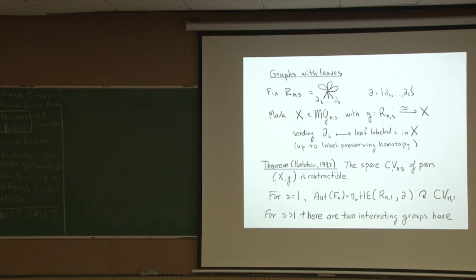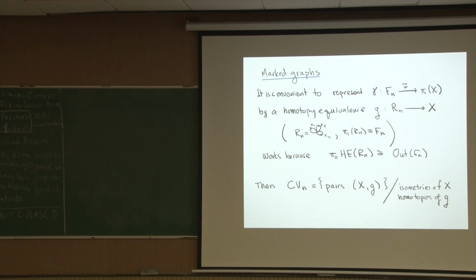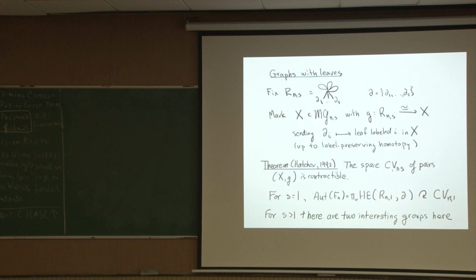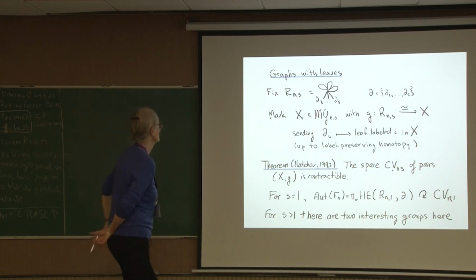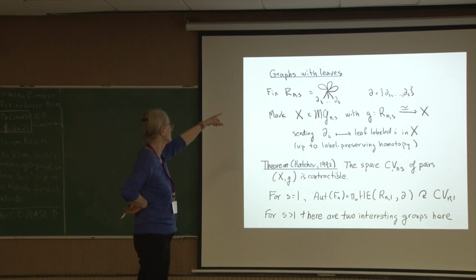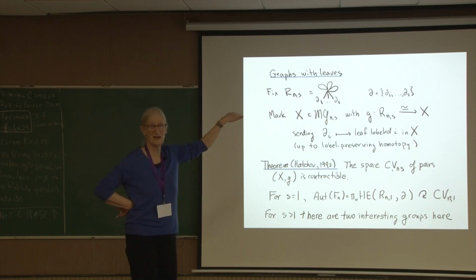This description in terms of markings g is convenient when you want to add leaves to your graphs. In that case, instead of a rose for our fundamental object, we pick a rose with thorns, or leaves, which we label boundary delta 1 to delta S. I think of them as boundary points.